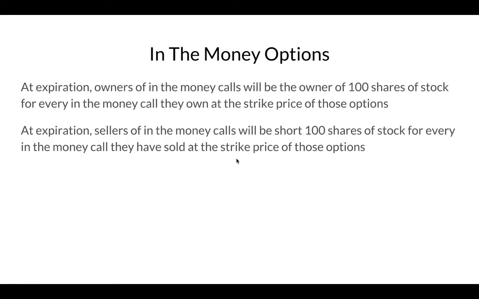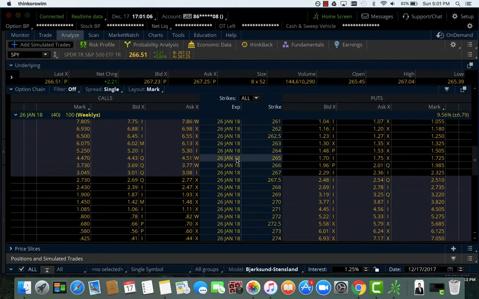So at expiration, sellers, the other side of the in the money calls, will be short 100 shares of stock for every in the money call they have sold at the strike price of those options. So it's the opposite, right? If we're a seller of a 265 call, at expiration, that 265 call is still going to be in the money because the price of the stock is greater than the strike price of the call.